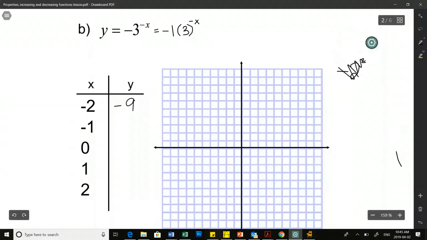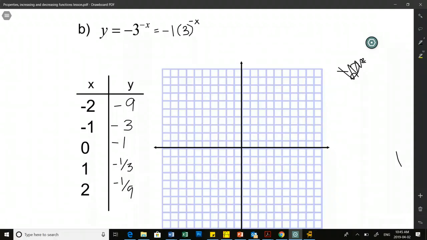Okay, what'd you guys get for the next one? Negative 3. And for 0, I think we get negative 1. And then it's negative 1/3, and is that right? And then negative 1/9. Okay. So I think we can go by ones on our y-axis this time.